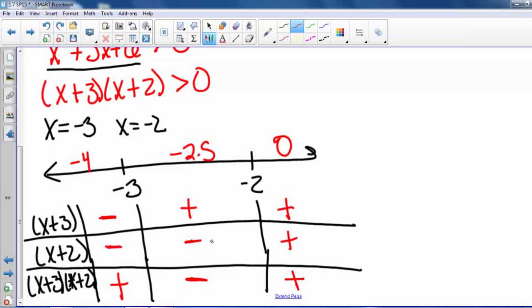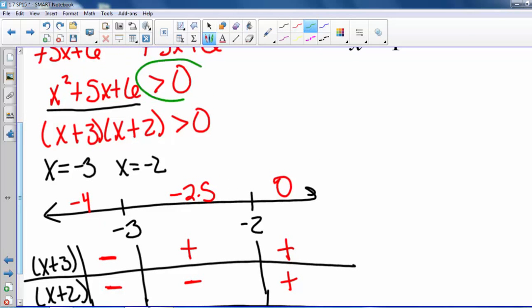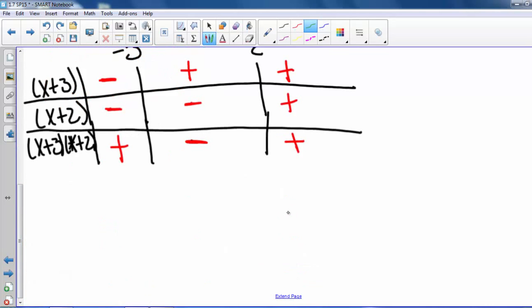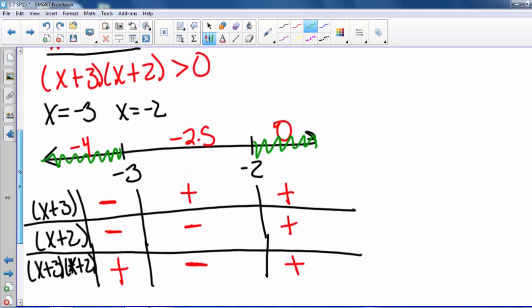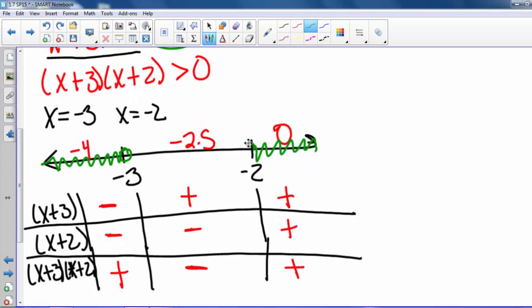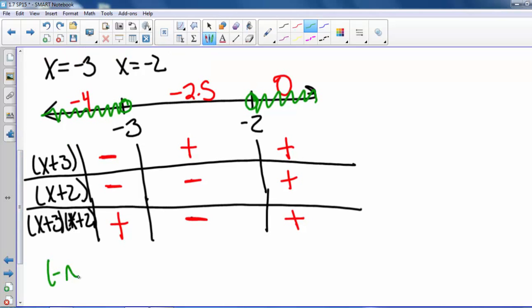So this means we are looking for where we are greater than 0, so where we're positive. So that happens when x is less than -3 and x is greater than negative 2. And we do not include negative 3 or negative 2 because we just want strictly greater than. So our answer is negative infinity to negative 3, and we use a U for union, negative 2 to infinity.